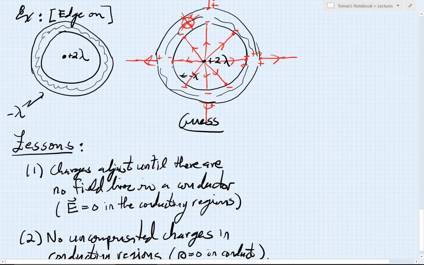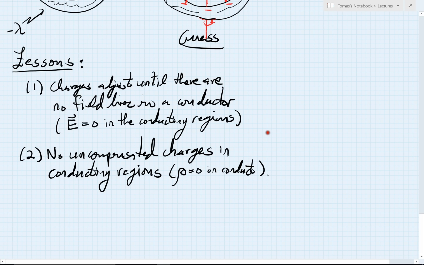By uncompensated charges, I mean situations where, as I was considering here, maybe there might have been a positive charge. That would have meant there was an atom that had lost its electron and become an ion. And what we're saying here is that that is not possible, because if there were an uncompensated charge, that would generate an electric field inside the conductor, which would immediately generate motion in the conductor, attracting negative free charges, which would then immediately cancel that effect out.